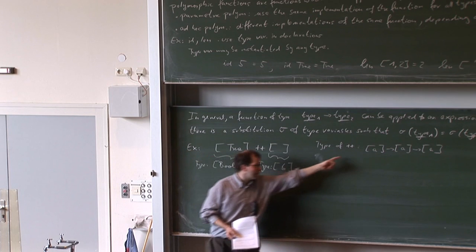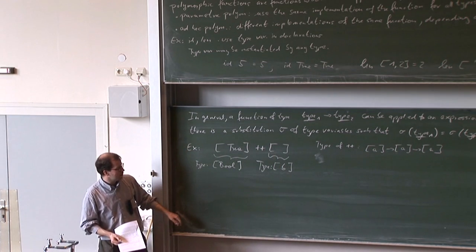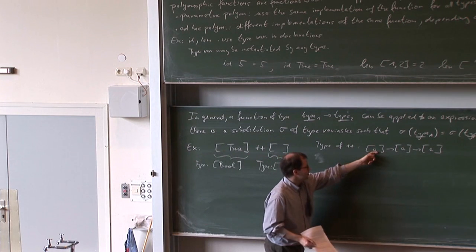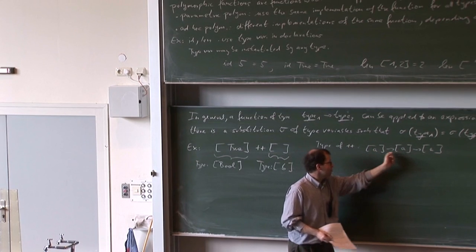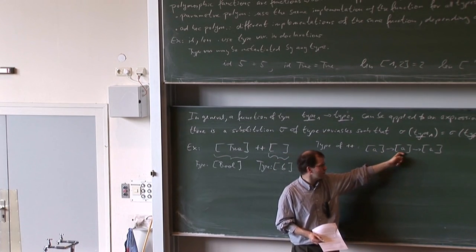Now, in order to apply this function, we need to find a substitution, sigma, such that this thing will be equal to list of Booleans, and this thing will be equal to list of B's.